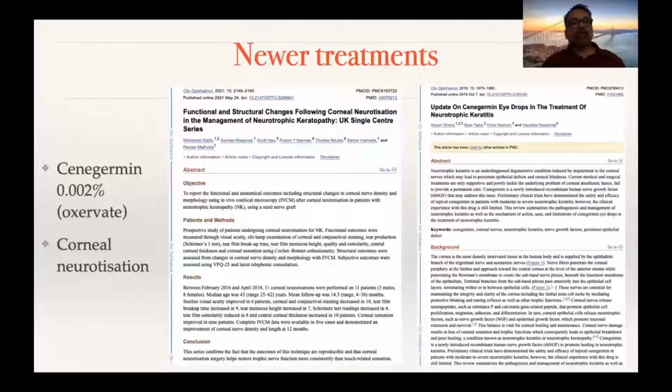But 8 weeks of treatment has shown significant improvement in multiple studies. Corneal neurotization, either direct by transposing the supratrochlear or supraorbital nerves, or indirect by transplanting the sural nerve, has also shown promise.